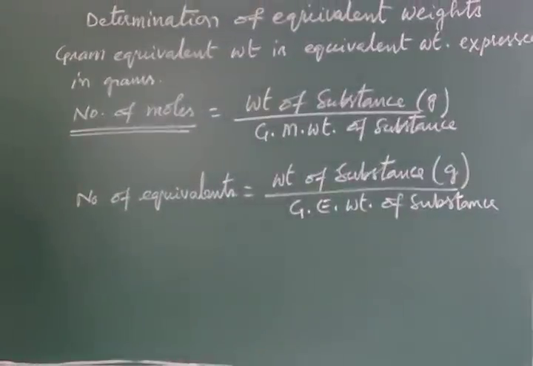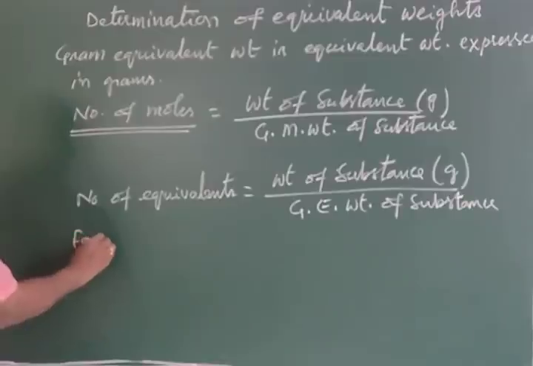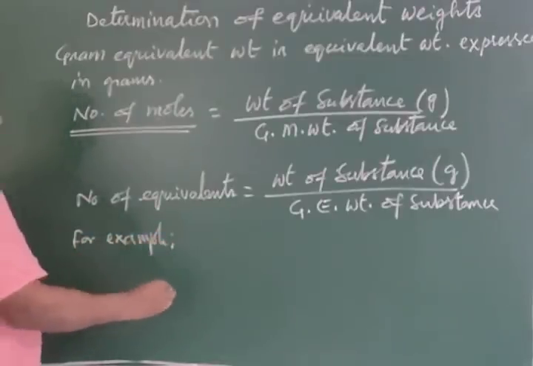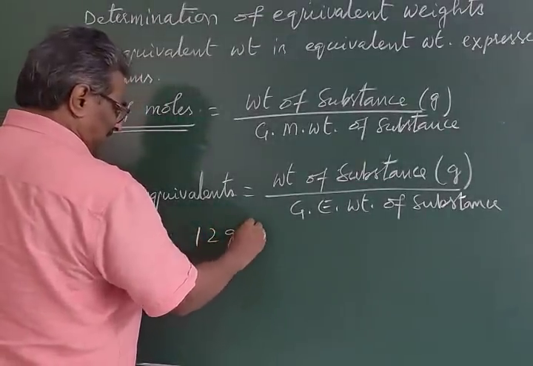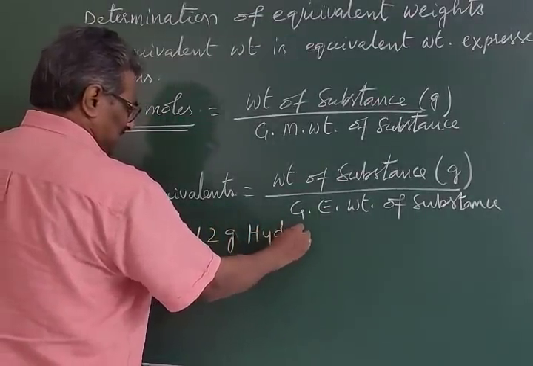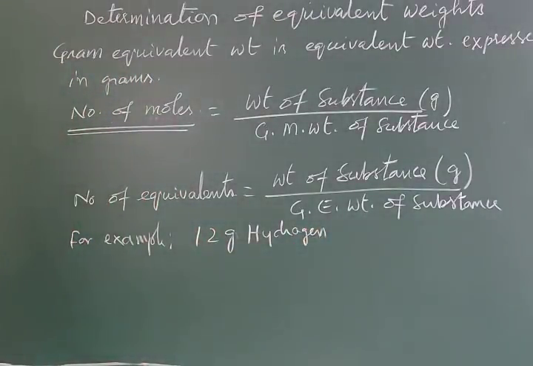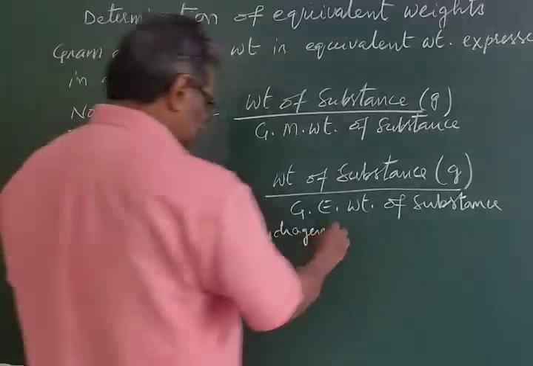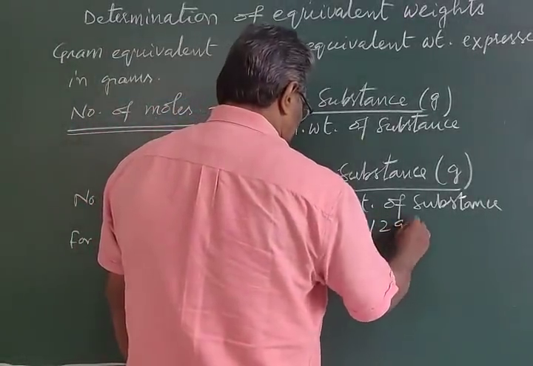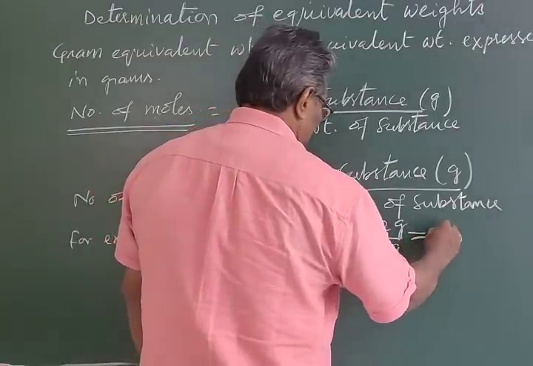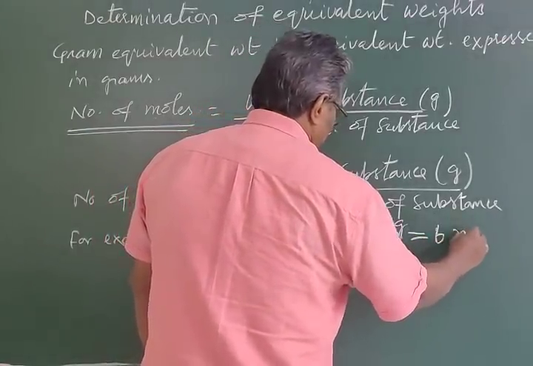For example, 12 grams of hydrogen is equal to 12 grams divided by the gram molecular weight of hydrogen, which is 2 grams, that is equal to 6 moles.